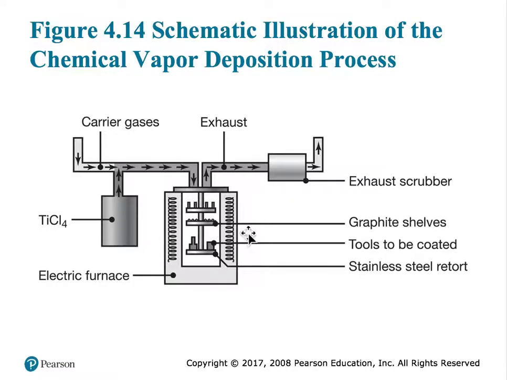Or if you had, say, titanium chloride, when it deposits, it will be depositing titanium metal. And the advantage is that the surface of your final piece or final part would be extremely smooth, and it will generate a very nice and clean surface.